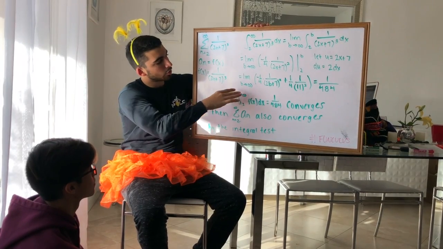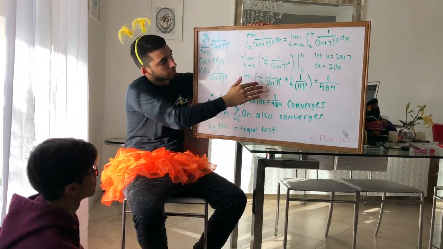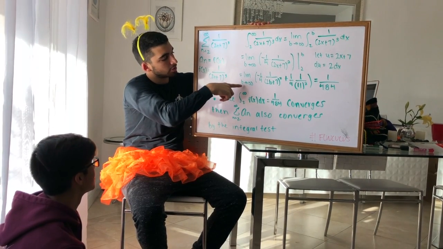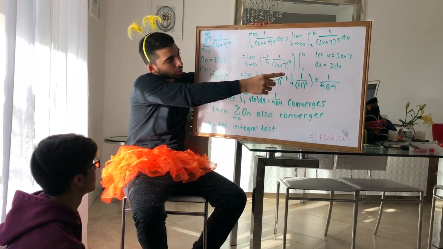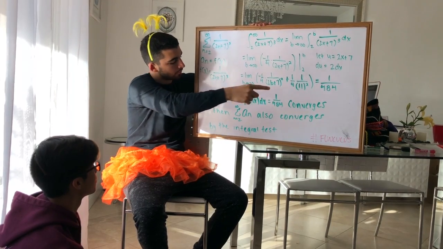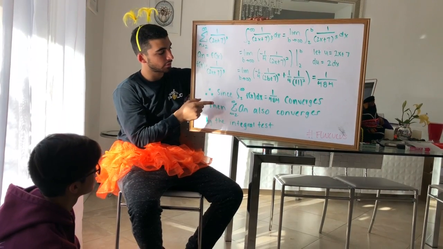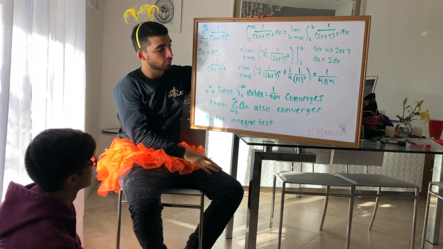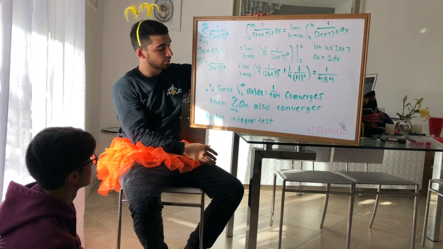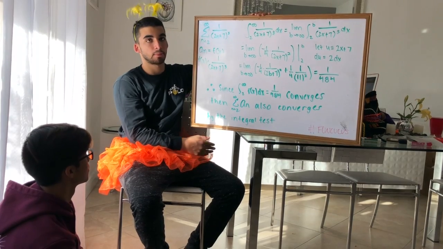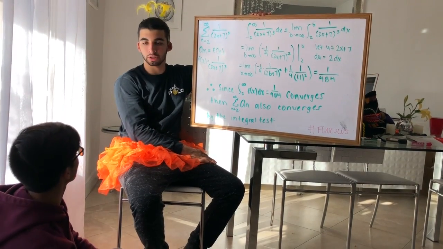So then once we plug in 2 to b, we get this, and then when we find the limit as b approaches infinity of all of this, we get 1 over 484. And therefore, since the integral from 2 to infinity of f of x dx equals 1 over 484, which converges, then the series from 2 to infinity of a sub n also converges by the integral test. Wow, thank you. Got it?